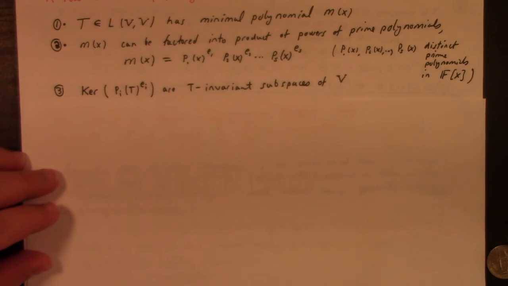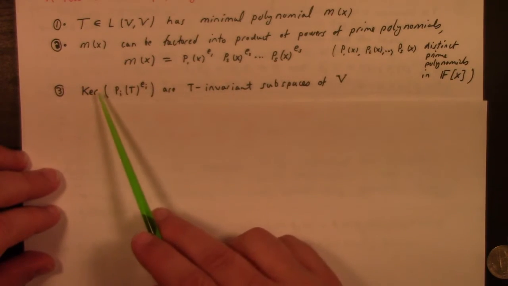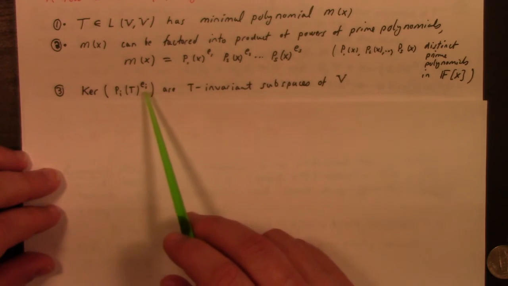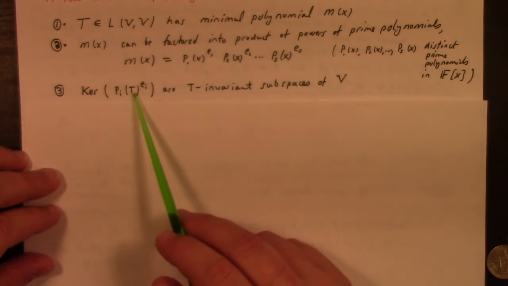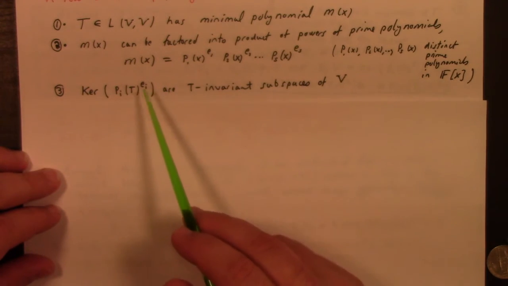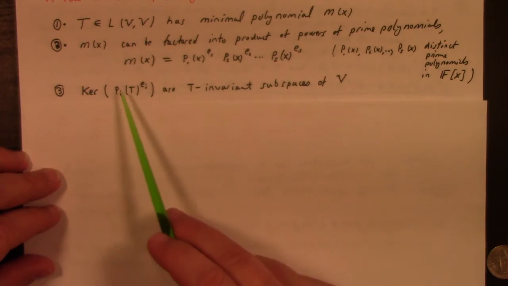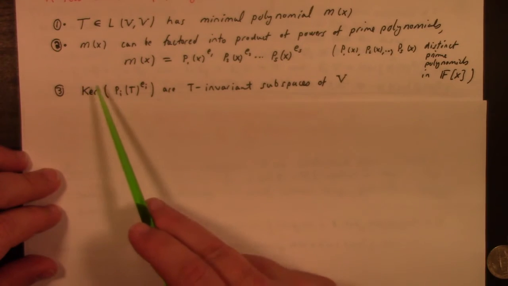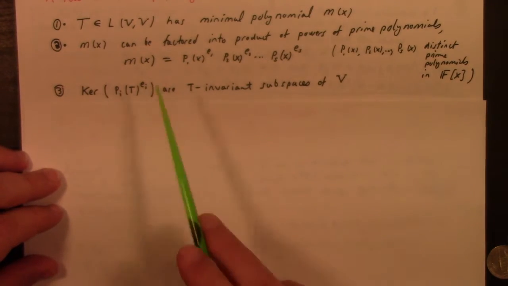And we've also shown that the kernel of a transformation built from a polynomial of the transformation with field coefficients, these kinds of things are T invariant. All right, if I take T of something like this, I get something like this again.